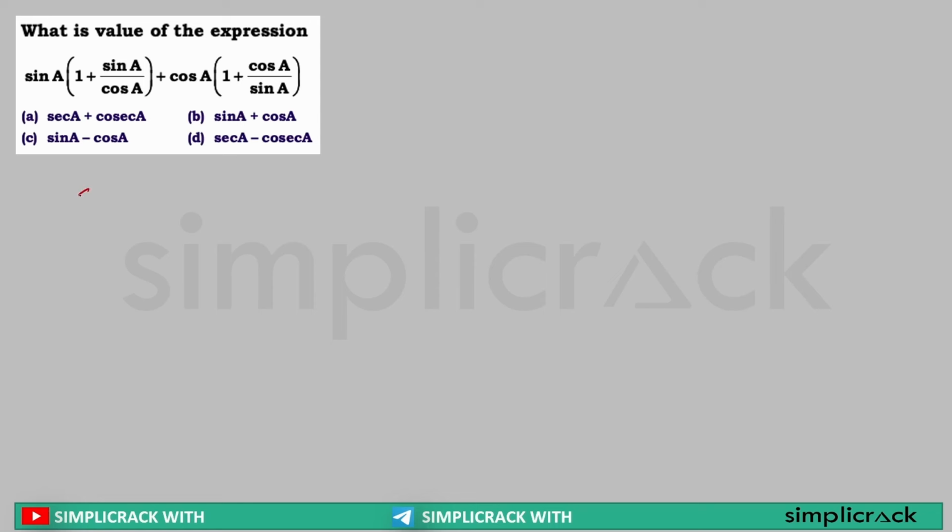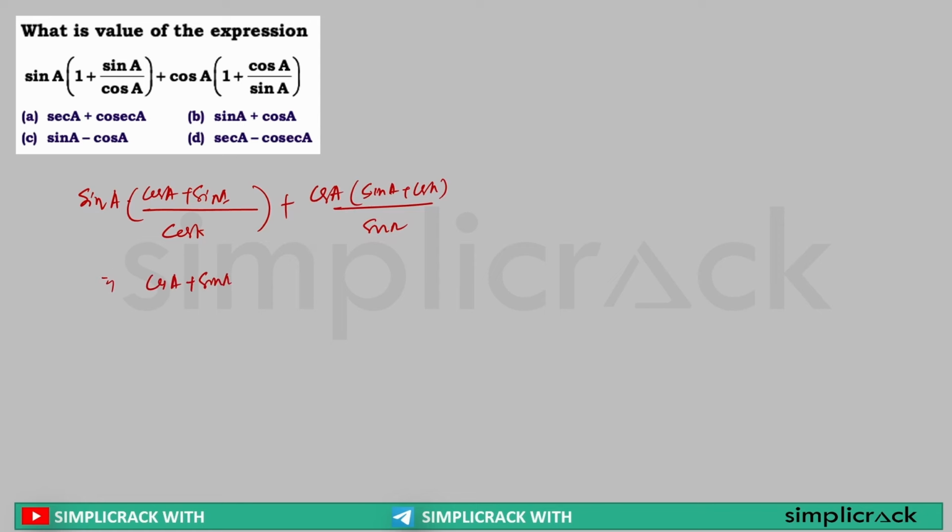Sir, this thing can be written as sin A into cos A plus sin A divided by cos A, plus cos A into sin A plus cos A divided by sin A. Or sir, if I take cos A plus sin A together, this is sin A by cos A plus cos A by sin A.